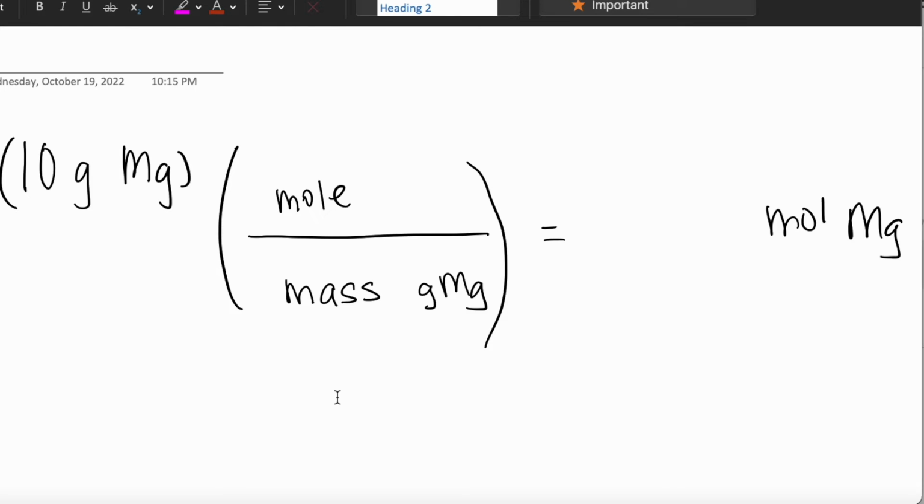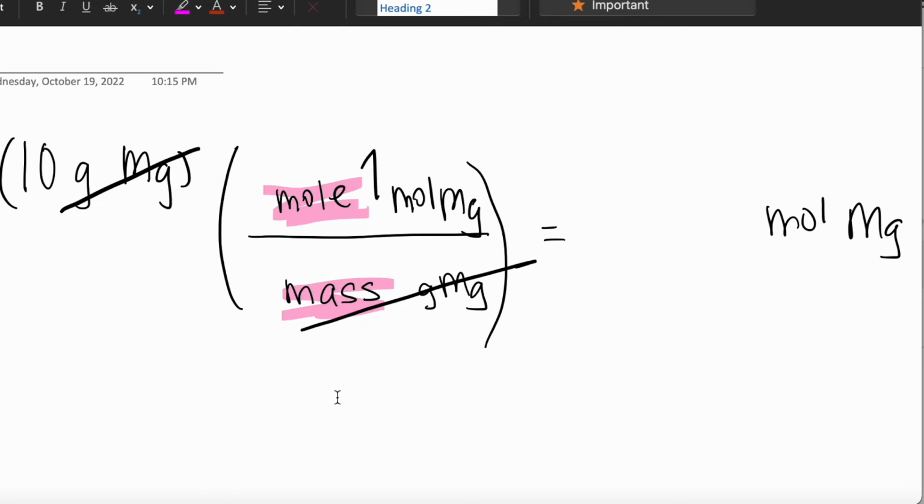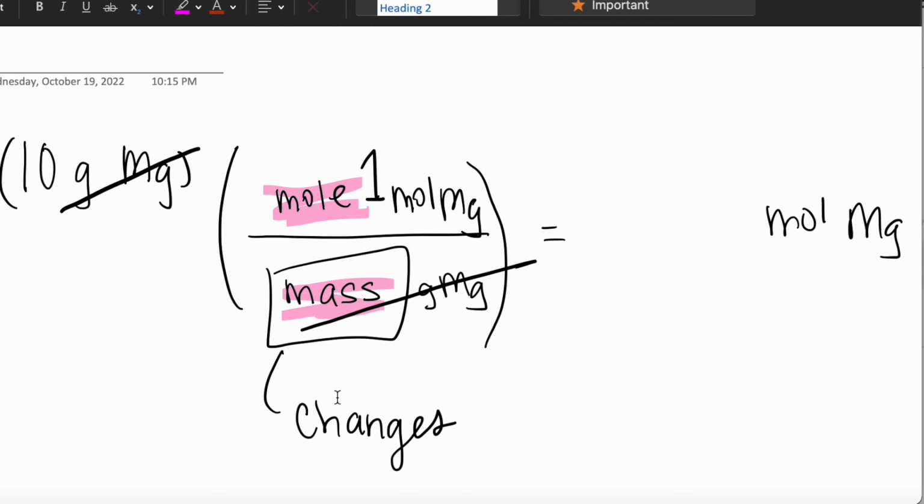So I'm highlighting this because that's not actually what goes there. I'm going to show you a more accurate example in just a second. And then what you typically write is moles Mg. So your mass Mg would cancel out and you would multiply. Basically, it's always 1. This part right here is what changes. So this is always dependent on the element.